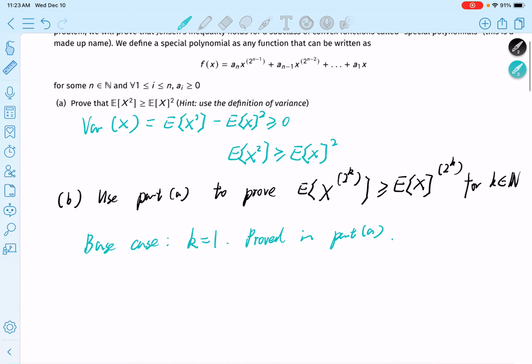Starting from here, you may feel more confident about mathematical induction because the base case is already proved. And the second part is to go through the inductive step. Oh, sorry, we first need the inductive hypothesis, right?